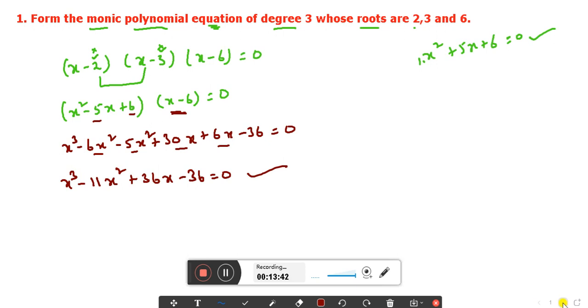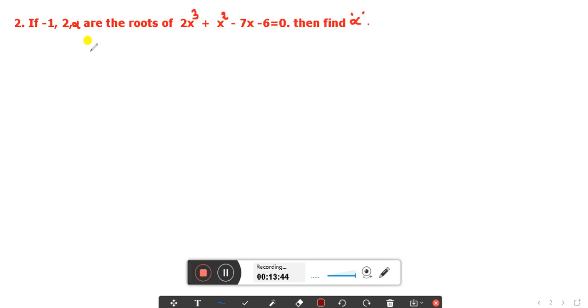Now come to the second question. If minus 1, 2, alpha are the roots of 2x cube plus x square minus 7x minus 6 equals 0, then find alpha. Here 3 zeros or 3 roots are given, so we have to find which concept we can use. S1, S2, S3.